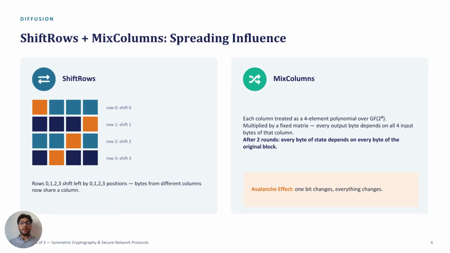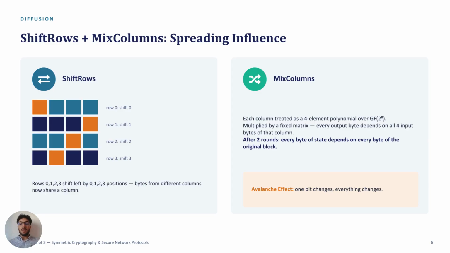ShiftRows and MixColumns work together to achieve diffusion. After SubBytes, the 16 bytes of the state have been individually transformed but are still in their original positions. ShiftRows moves them: row 1 rotates left by one position, row 2 by 2, row 3 by 3. Now bytes that were in different columns are in the same column.